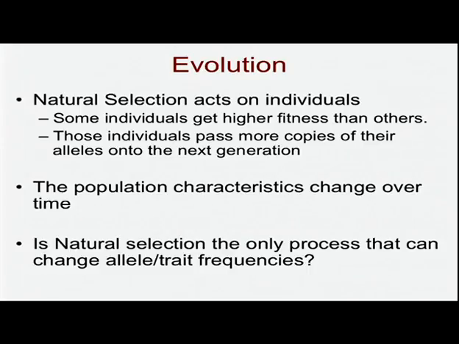As it turns out, natural selection is not the only process that can drive evolution. It's one of the main processes, and it usually is an umbrella over some of the other ones. But there are other things that can happen, and that do happen out in nature that have been documented, that affect evolution, which is the change in trait frequencies of a population over time. Okay? So we'll talk about some of those.